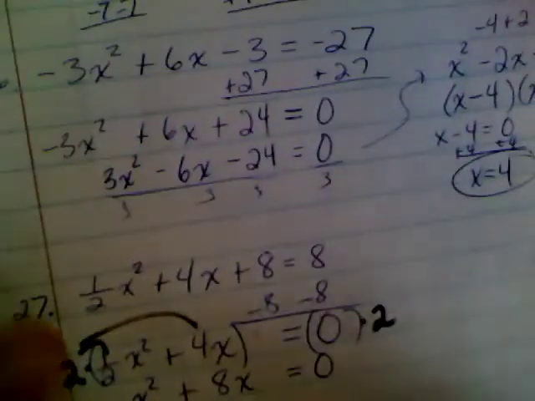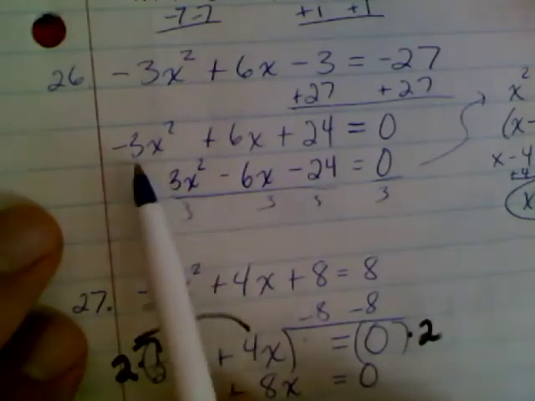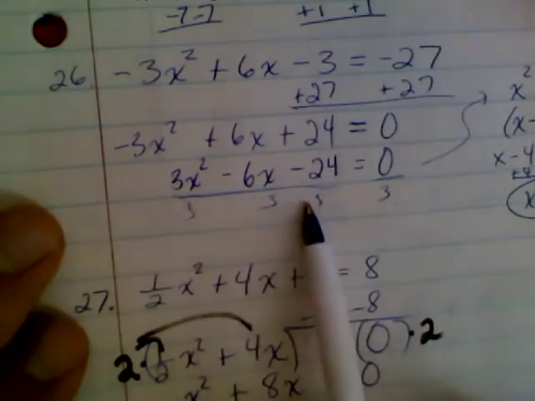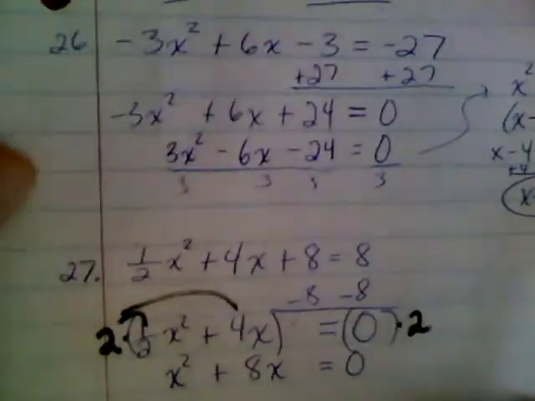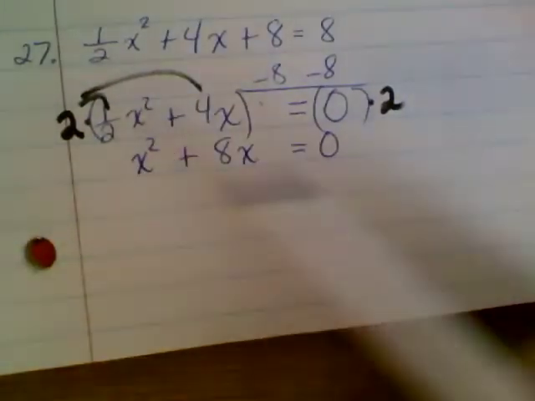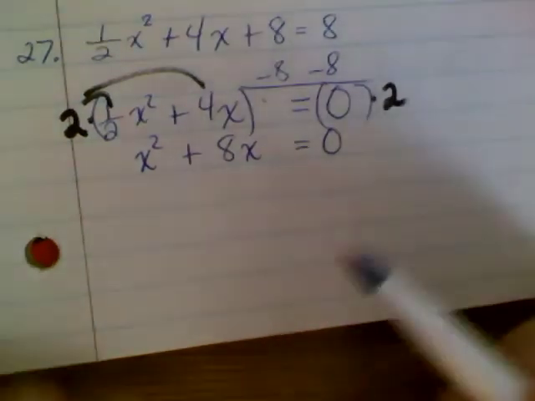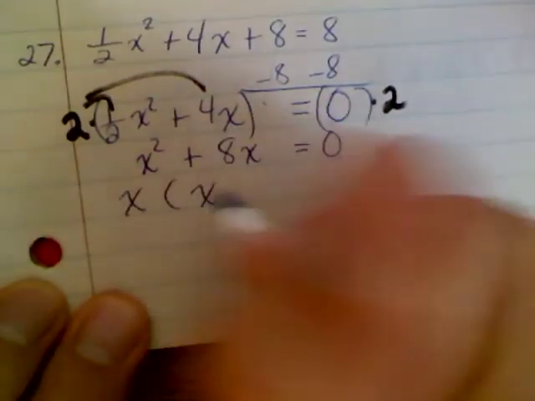Like, for example, on exercise 26, there was a number out front, so we divided out that greatest common factor because a 3 was going into all of those. Well, here the greatest common factor is x, so you'd assume to divide by x, but really you don't want to do that. What you want to do is write it like this.